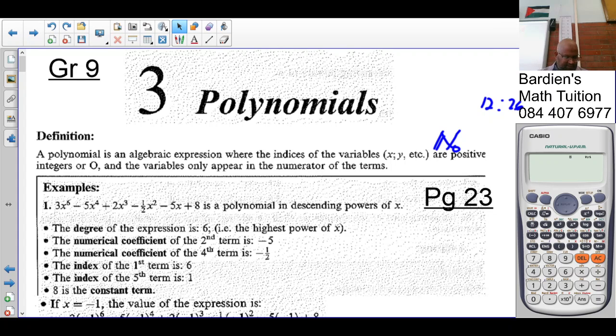Alright. Number 5. The first answer is x squared plus 8x plus 15. Number 2, 8x squared plus 2x minus 15. Number 3 is 4x squared plus xy minus 3y squared. Number 4 is 25x squared minus 4y squared.